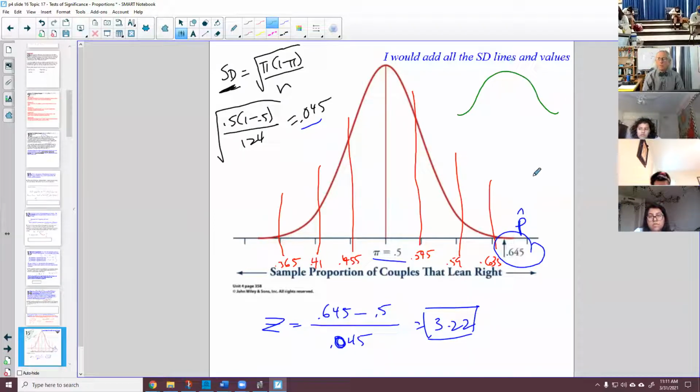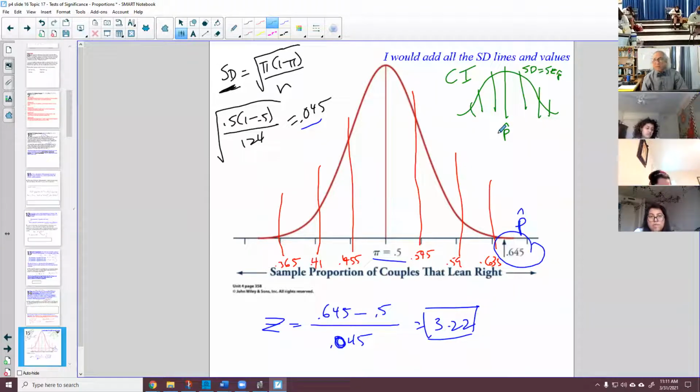That is a beautiful normal curve. When we were doing confidence intervals, the center was our p hat, and the standard deviation was really the standard error based on p hat. And that's how we made our lines.